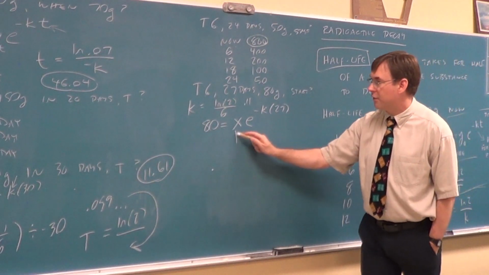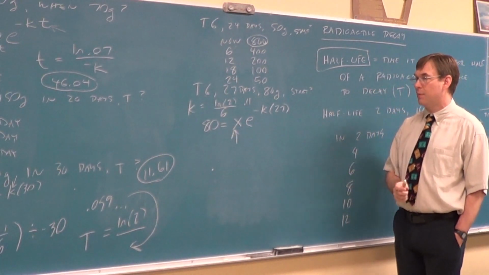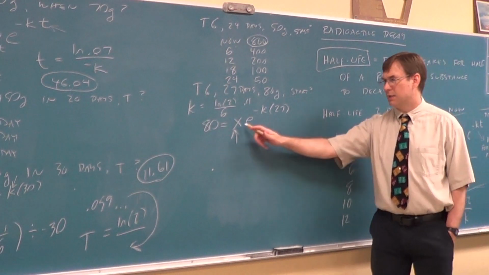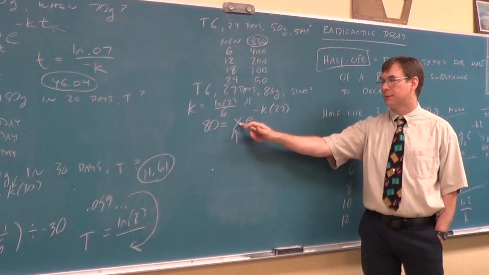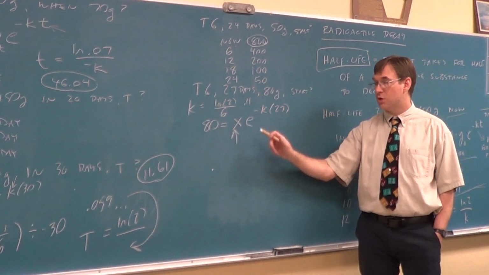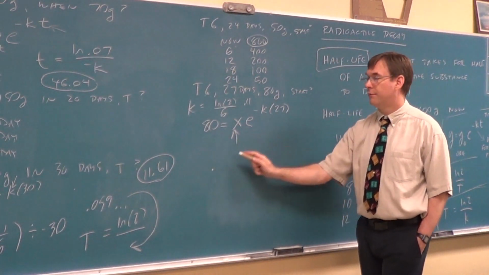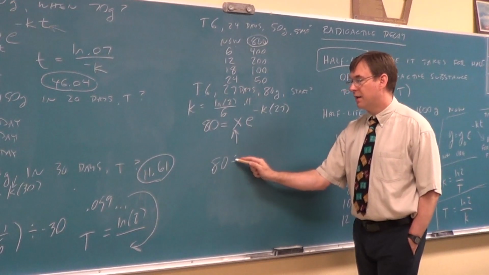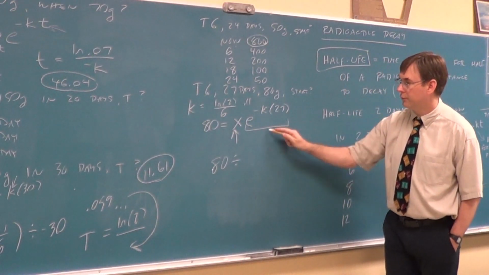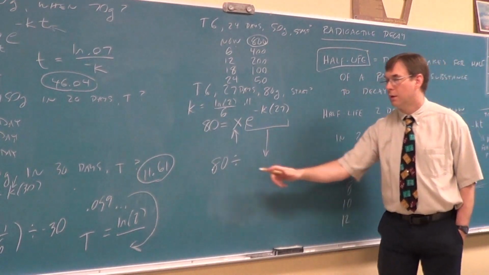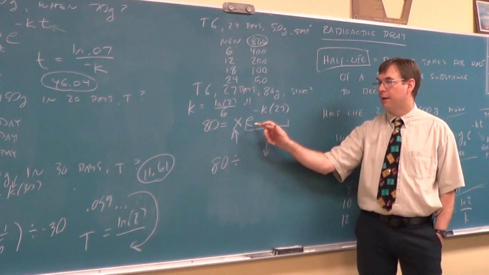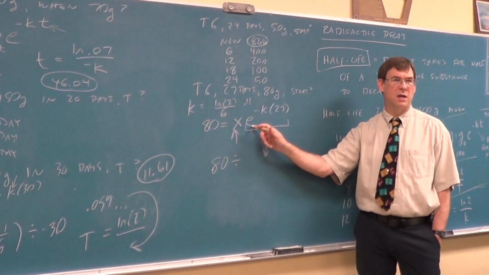Then we want to solve for x, and that's not going to be too bad, because the x is doing what to this? Multiply. So you're just going to have to divide. Take 80 and divide by that thing. Anybody need a reminder how to get your E button going?